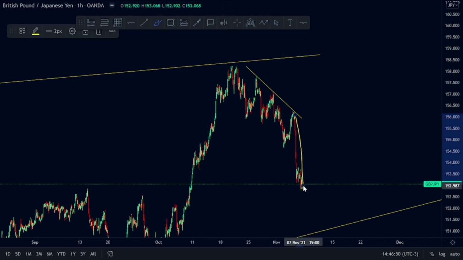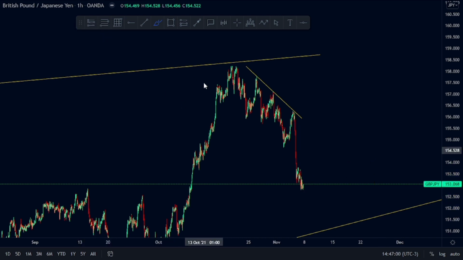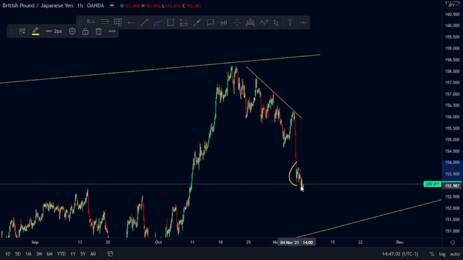So now we are in this move. After an impulse, obviously expecting to see what? A consolidation to give us continuation momentum, by the way. So now we're expecting a continuation pattern on this level before price can drop down.